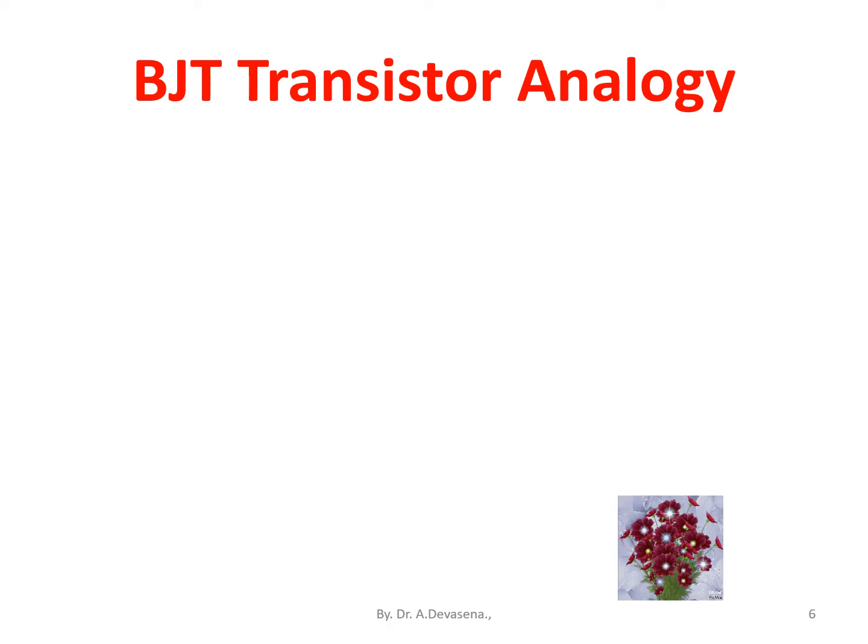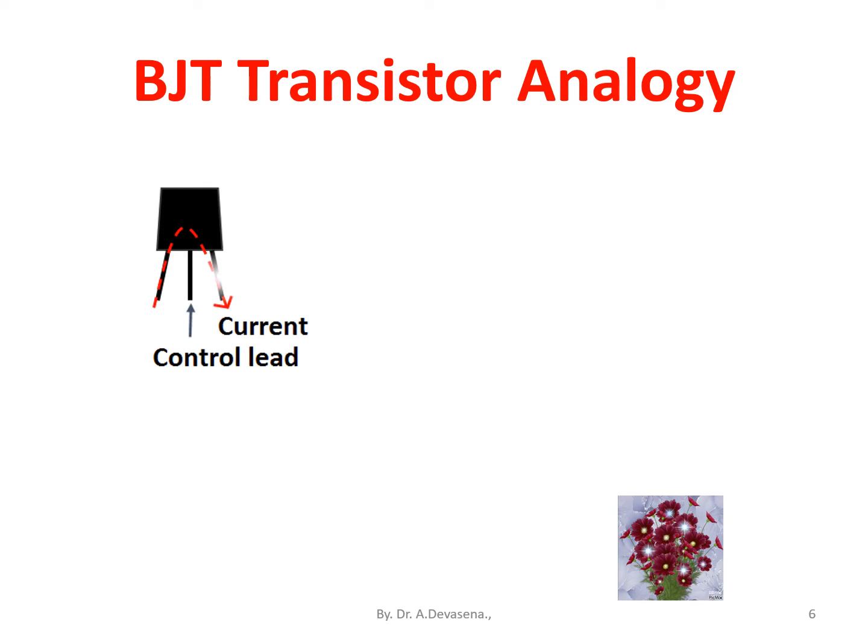Let us see the BJT with a simple day-to-day life analogy. Here is a representation of the BJT. The BJT is a current control device, and let us see a day-to-day life example. In this diagram, we have a tap. At one end, the tap has the water.